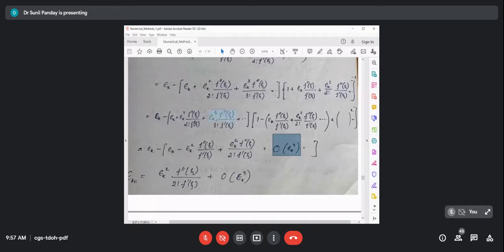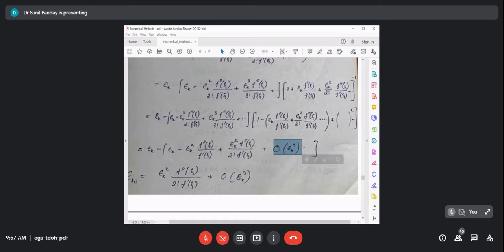Similarly, this is also a third degree term, and since here is a square, here also we will get third terms. So all other infinite terms have either epsilon k raised to power 3 or higher degree terms, so we can represent this by order of epsilon k raised to power 3.